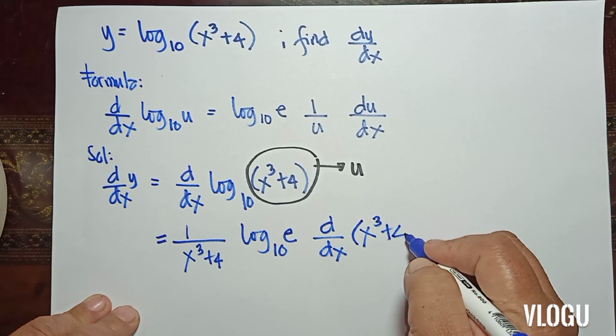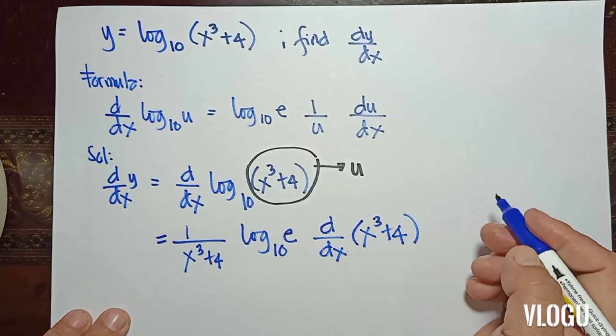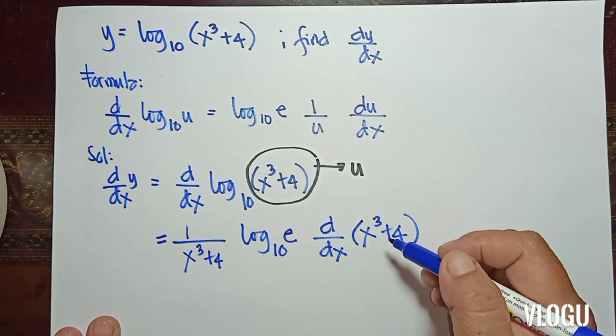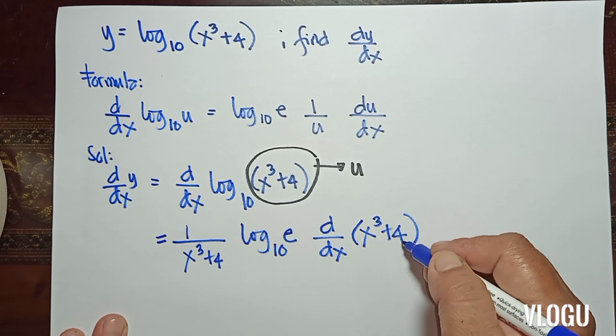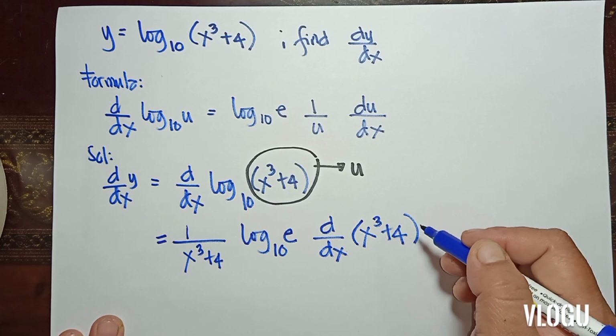What is the derivative of x cubed? That is 3x squared. What is the derivative of 4? That is 0.